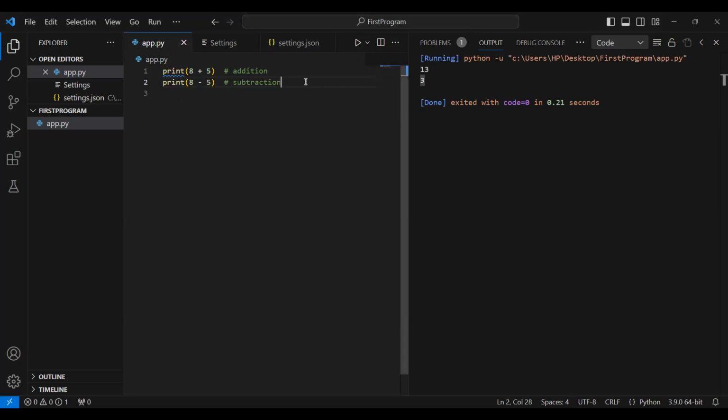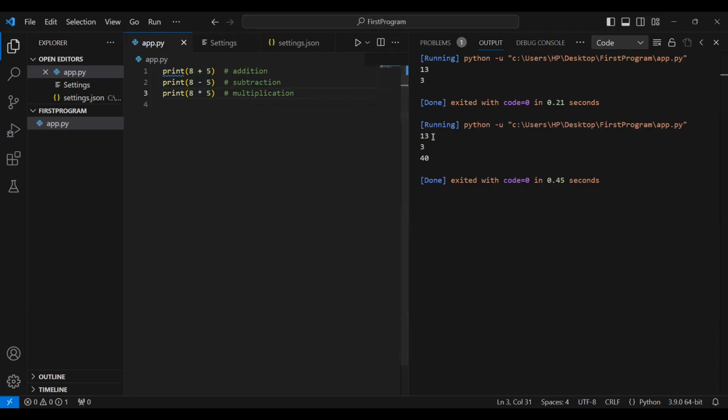We also have multiplication in programming. If you want to do multiplication in Python, you say 8, you use the asterisk, 5. If I save that and run, you see we have 13, 3, 40.